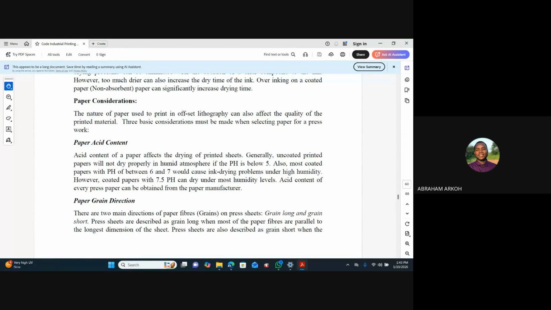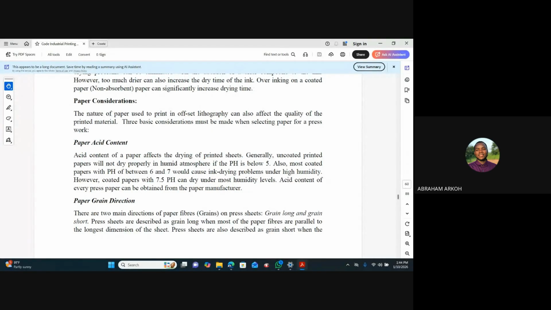Paper consideration. The nature of paper used to print in lithography can also affect the quality of the printed material. Three basic considerations must be made when selecting paper for press work. One, paper acid content. Acid content of a paper affects the drying of printed sheets.